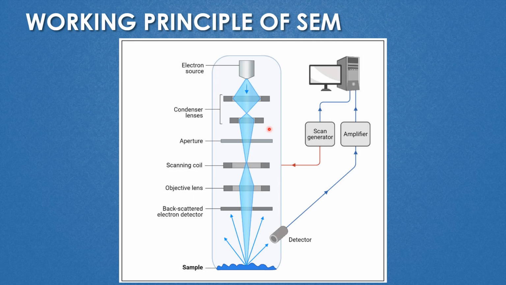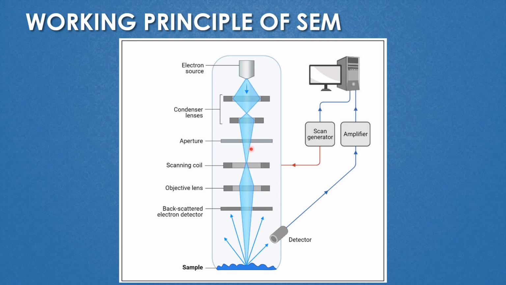Next, the beam from the two electromagnetic condensers is directed to the surface of the sample through parts like the aperture, scanning coil, objective lens and backscattered electron detectors.